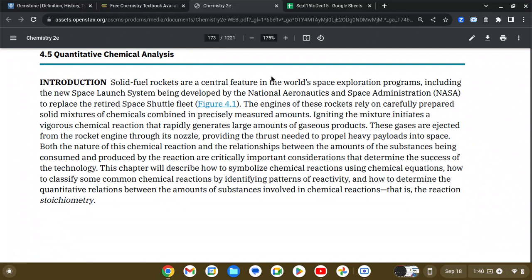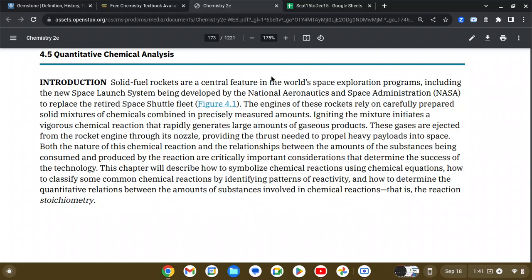Igniting the mixture initiates a vigorous chemical reaction that rapidly generates large amounts of gaseous products. These gases are ejected from the rocket engine through its nozzle, providing the thrust needed to propel heavy payloads into space. Both the nature of this chemical reaction and the relationships between the amounts of the substances being consumed and produced by this reaction are critically important considerations that determine the success of the technology.